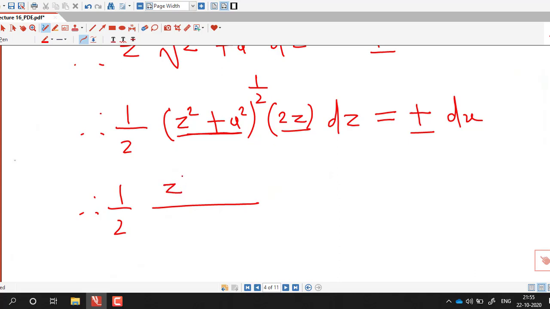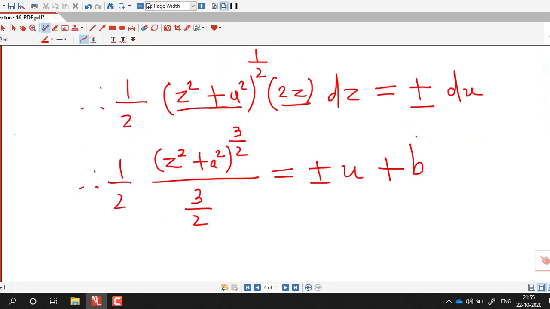The integral of this: we have to increase the power of z square plus a square by 1, that is (z square plus a square) raised to 1/2 plus 1, divided by 3 by 2, and here the integral is u plus an arbitrary constant.